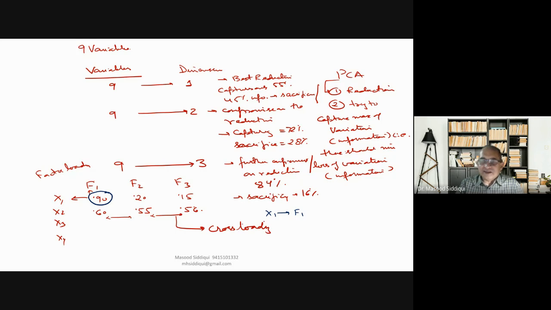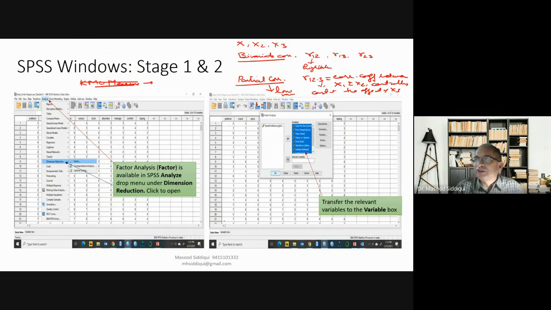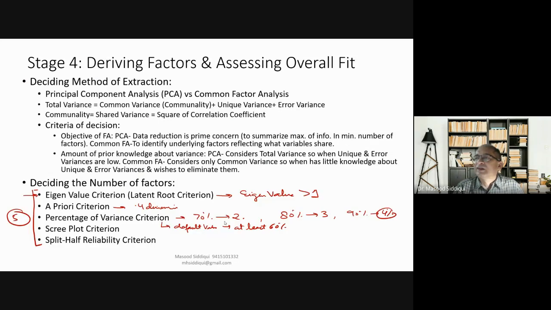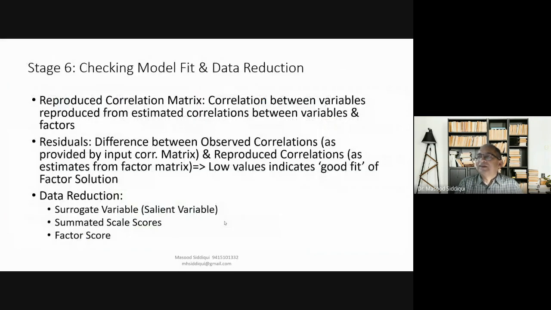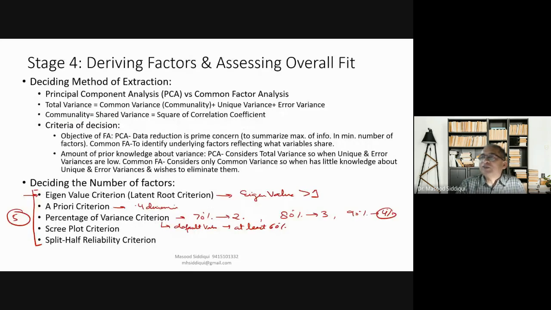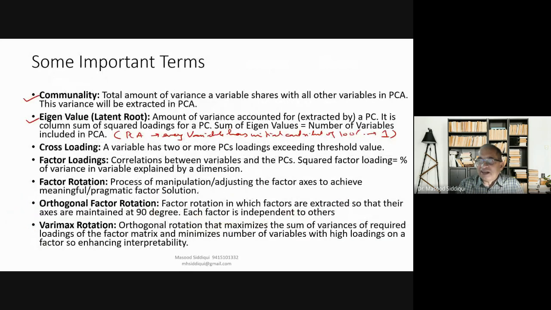Okay. Now I will be showing you the definition also. Just a moment. Factor loading is the correlation of the variable and the factor. This I have discussed. Related to cross loading, a variable has two or more principal component loadings exceeding a threshold value.